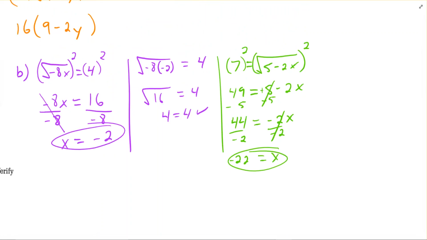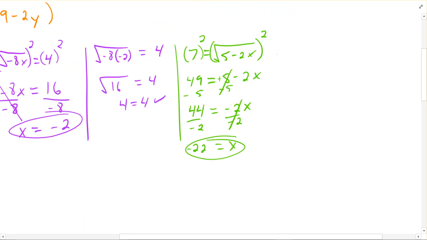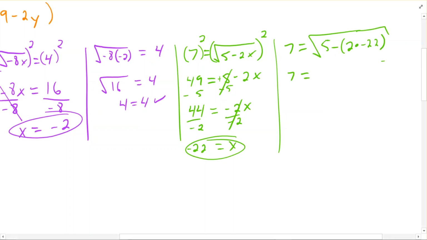So going back, we need to check this out though. So we've got 7 is equal to the square root of 5 minus 2 times negative 22. So we've got 7 is equal to the square root of 5.